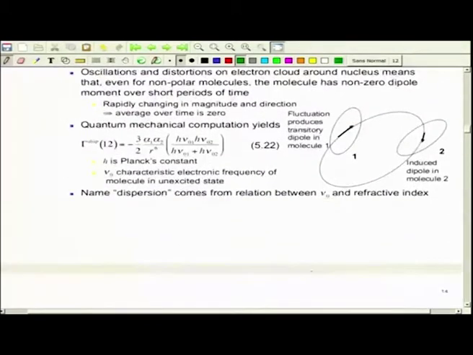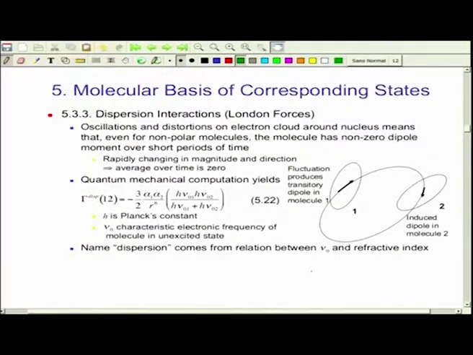Now, let me come to the dispersion interaction. A dispersion interaction is relevant for the case where you do not have any polarity, that means it is relevant for non-polar molecules. So, oscillation and distortion of the electron cloud around the nucleus means that even for non-polar molecules, the molecules can have a non-zero dipole moment over a short period of time.